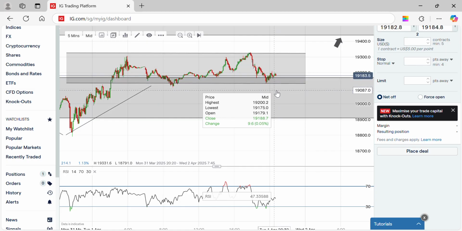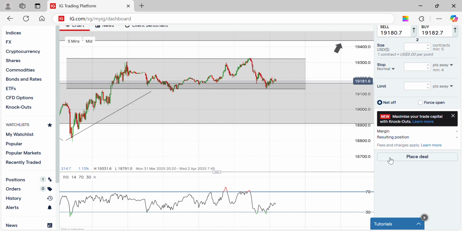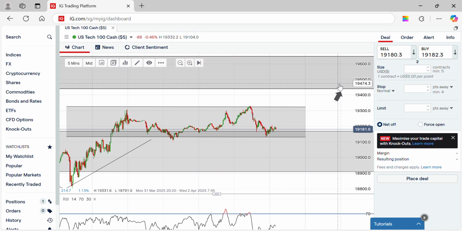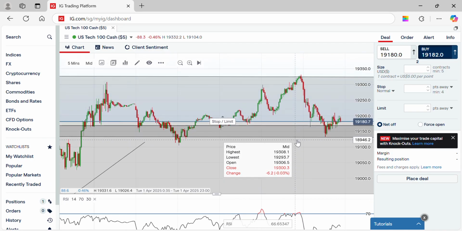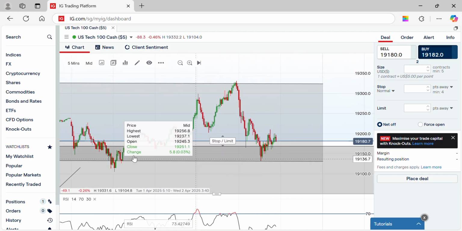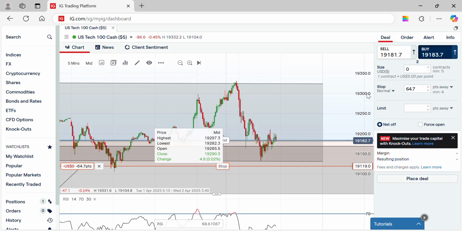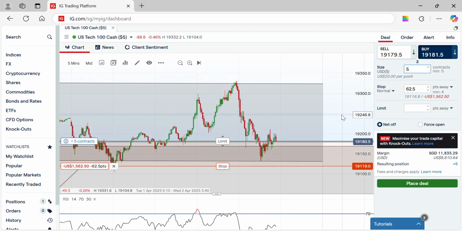My stop loss will be slightly below here, around 19087, and then my take profit will be my predefined zone above here, right? Okay, so I can actually set a buy here, right? So my stop loss will be below this level here, so I'll just buy, right?